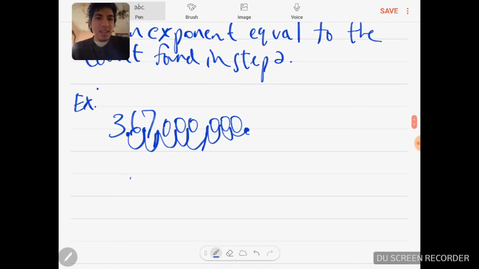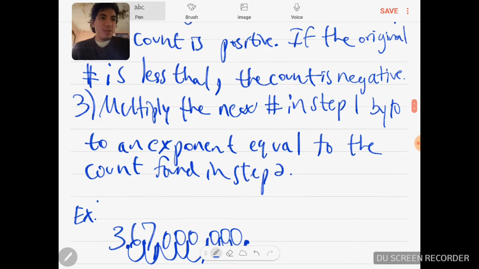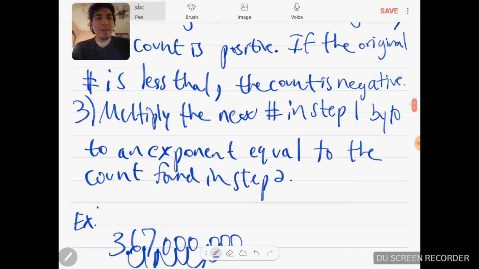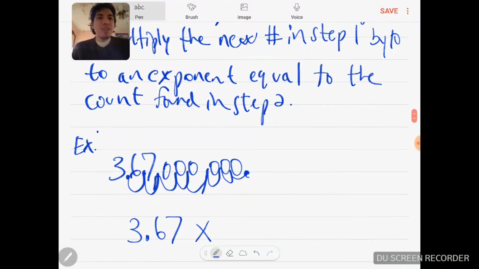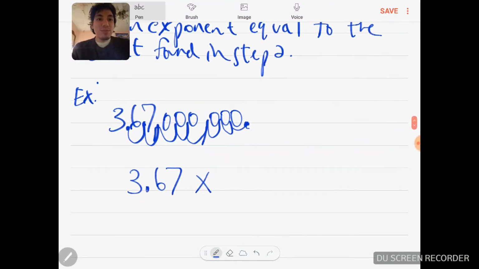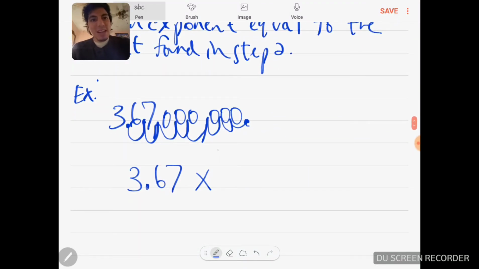So I have my new number, which is 3.67. I'm going to multiply it, because that's step 3. You have your new number, and you multiply it by 10 to an exponent equal to the count found in step 2. I counted 8 times.